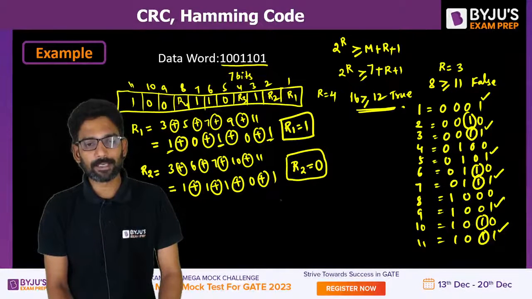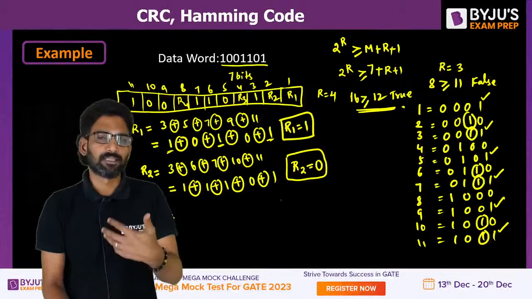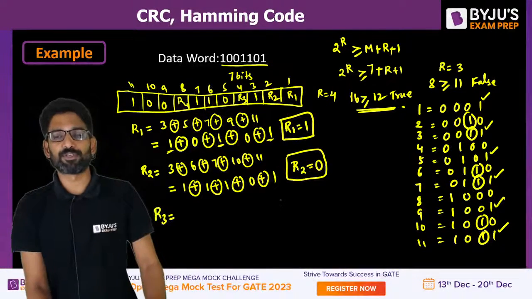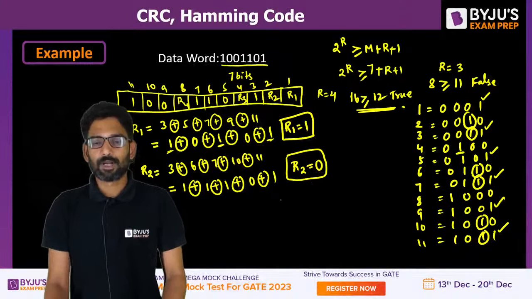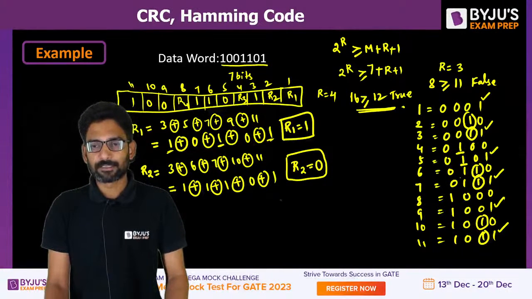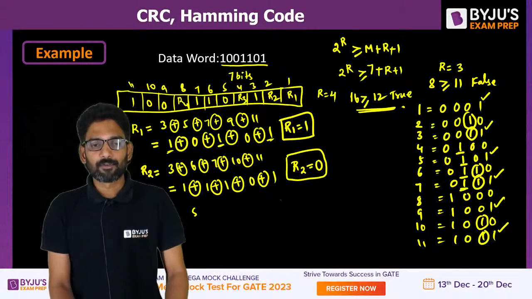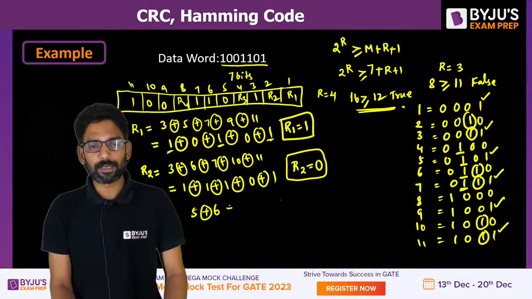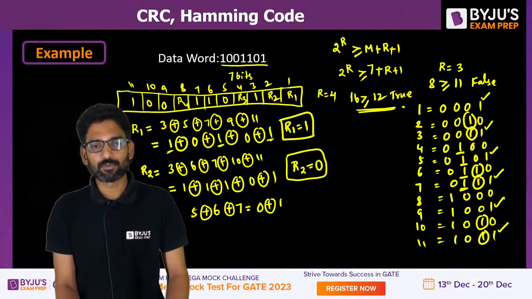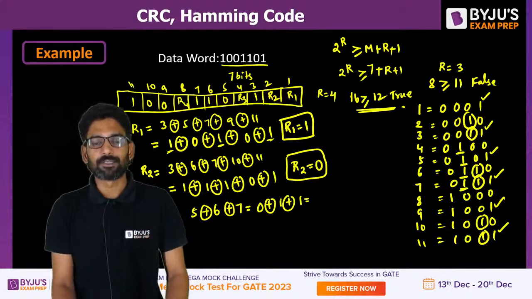Now how do I calculate R3? I think by this time you could have understood. R3 is in the fourth position. What others have 1 in the same place? 5, 6, 7. That's it. So we have to do XOR between 5, 6 and 7. 5 has 0, 6 has 1, 7 has 1, which is an even number.